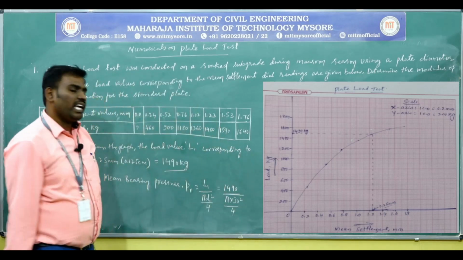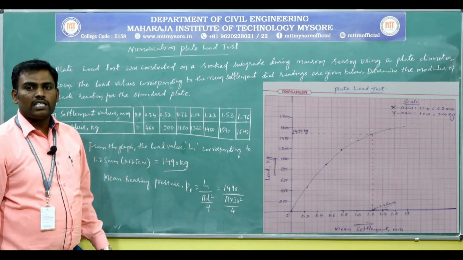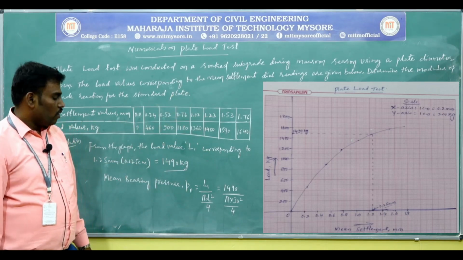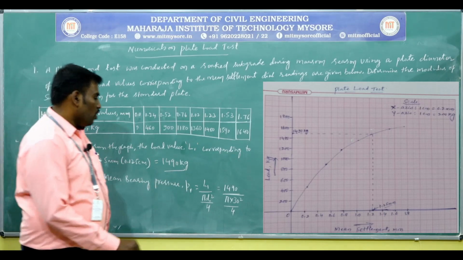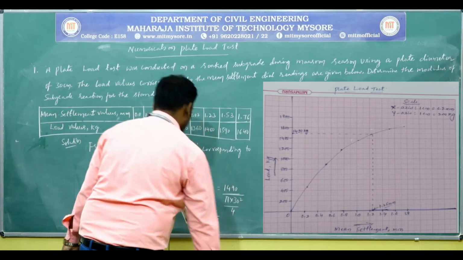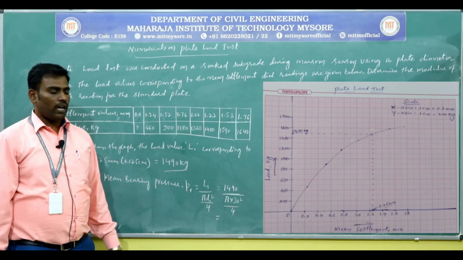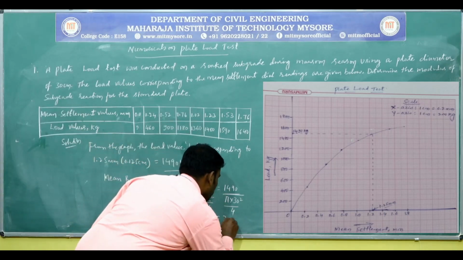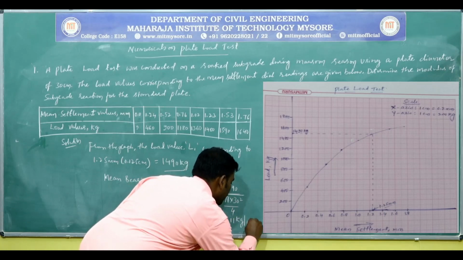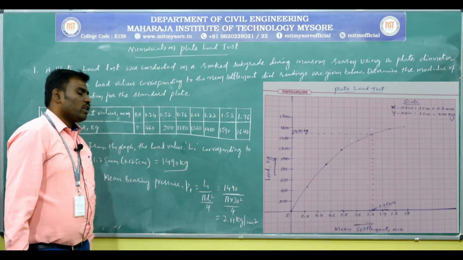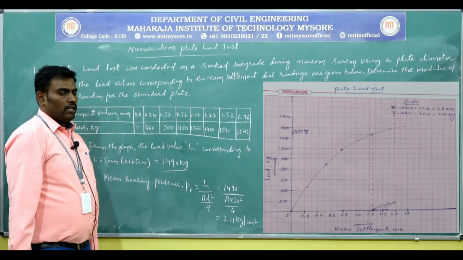You know that load by area will give the pressure, no? Here d1 is the diameter of the smaller plate, it is 30 centimeter. Okay, 1490 divided by pi into 30 square divided by 4, you may get the mean bearing pressure at 0.125 centimeter. Okay, how much do you get? It will give about 2.11 kg per centimeter square. It is the mean bearing pressure.